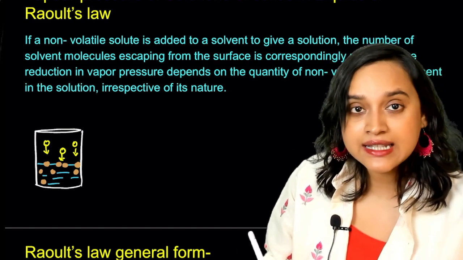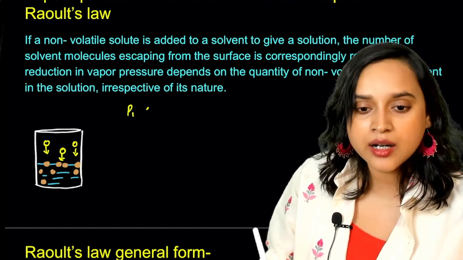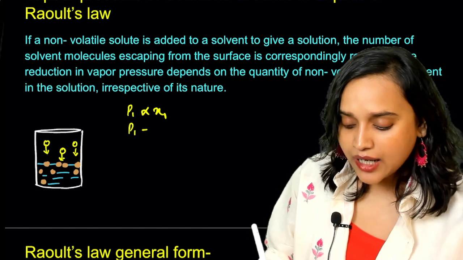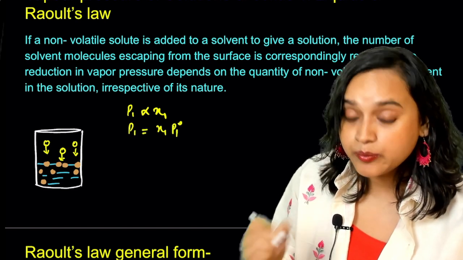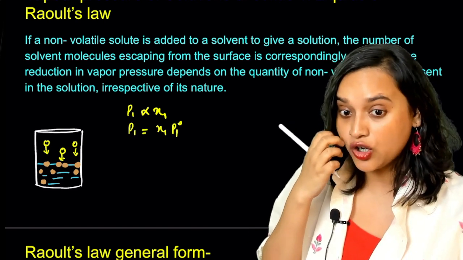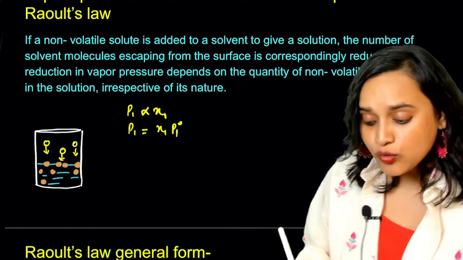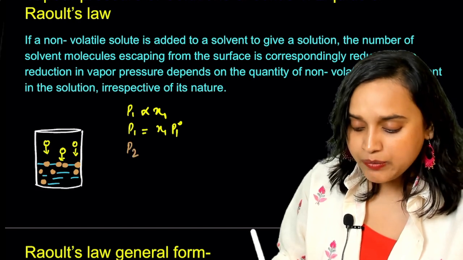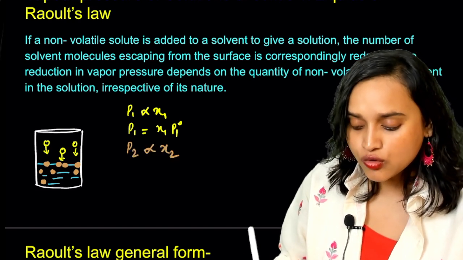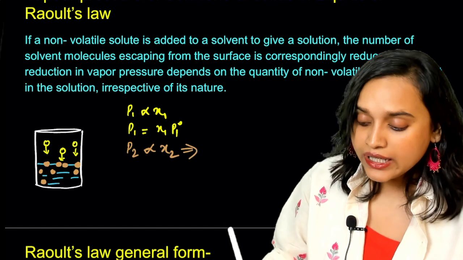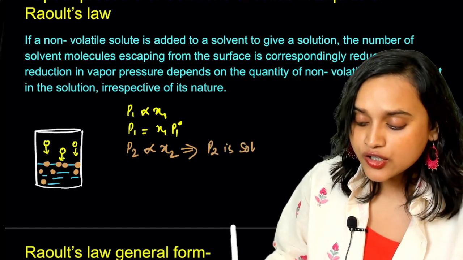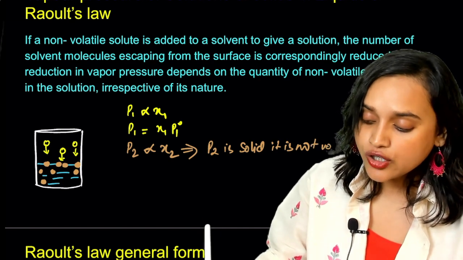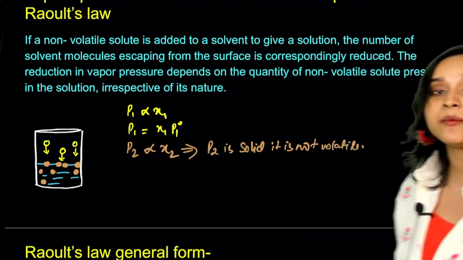Now, what is going to be my P1 here? P1 is directly proportional to chi1, you know this, right? And I can also say that P1 is equal to chi1 multiplied by P1 naught, when it was absolutely pure. Is that true? Absolutely. But you also know that P2, the orange color, is directly proportional to chi2, but the second component is a solid. It is not volatile, so it is not vaporizing.